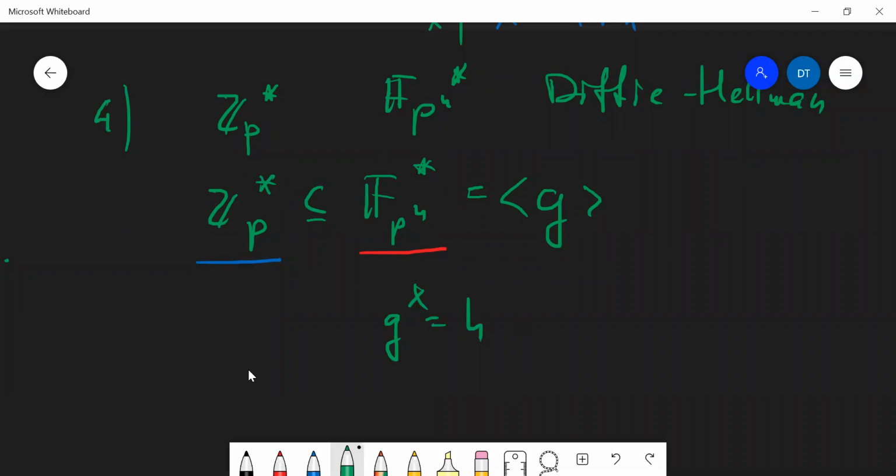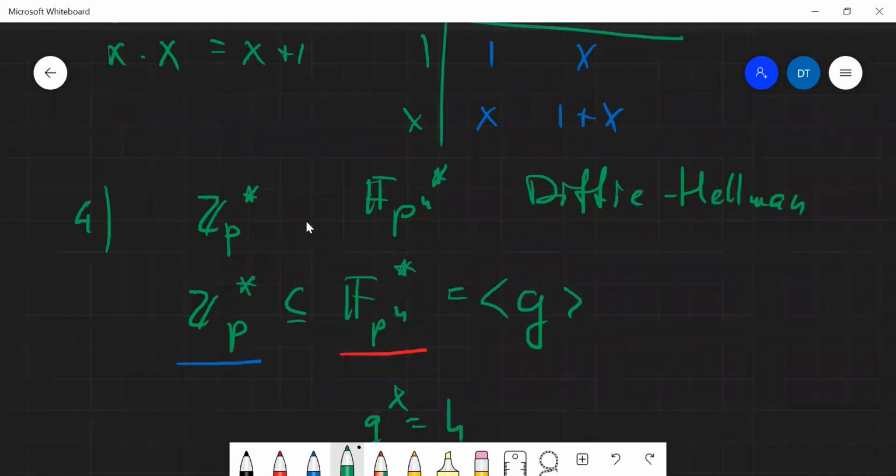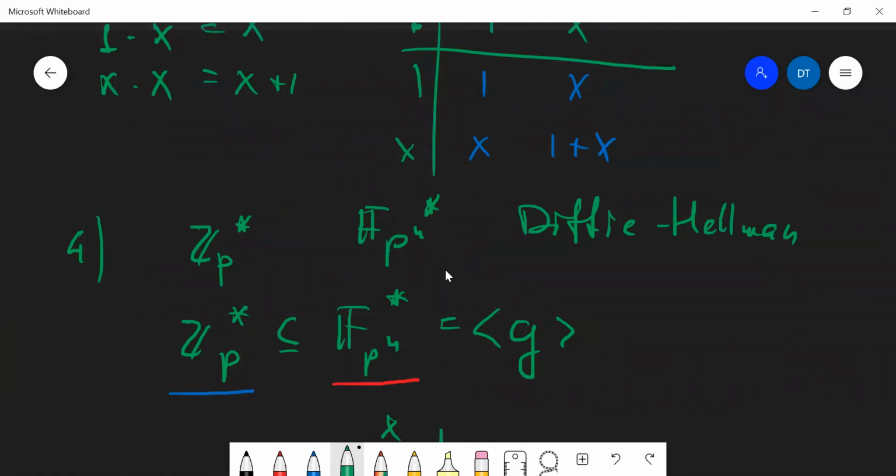Okay, but there is one additional remark. Well, how do we find a generator of the multiplicative group? Well, somehow you have to guess which element is a generator.